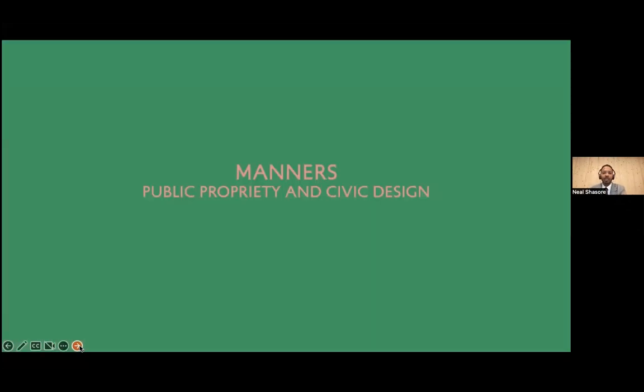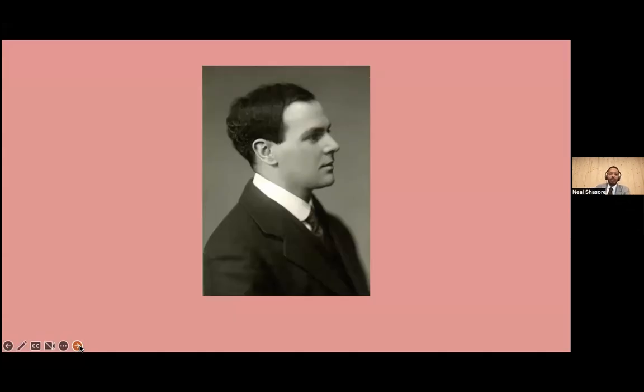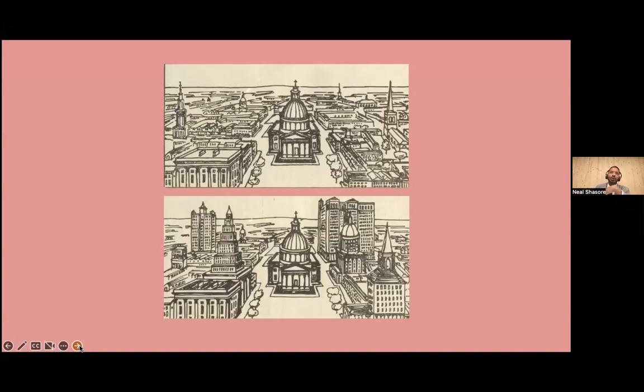about preservationism. Manners, Public Propriety and Civic Design really focuses on this guy, Arthur Trystan Edwards, a very strange but, I think, interesting Welsh-born architect, planner and critic, who worked in the Ministry of Health Housing Division with Raymond Unwin, but hated Unwin, I think, and hated the Garden City and advocated for urbanity, in particular for low-rise, high-density housing.